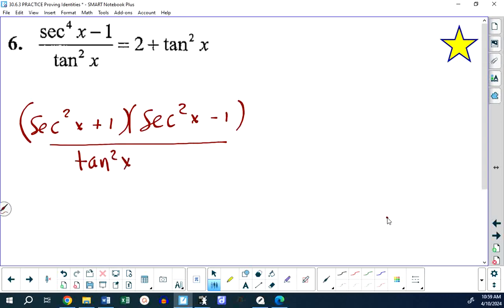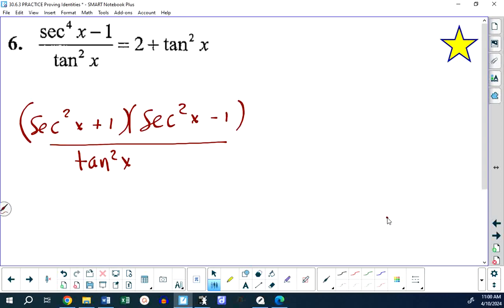And I have a suspicion, and I have to pick up a formula sheet and look, that there's an identity relating tan squared of x, secant squared of x, and the number 1. So when I look at the Pythagorean identities, it's 1 plus tan squared equals secant squared.